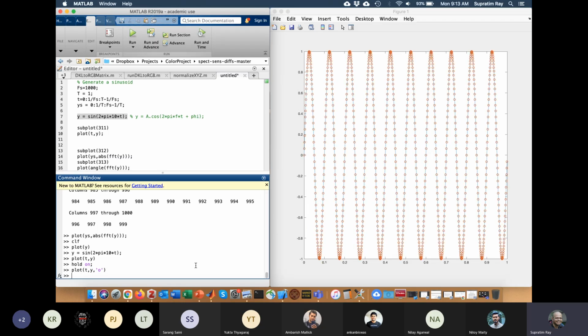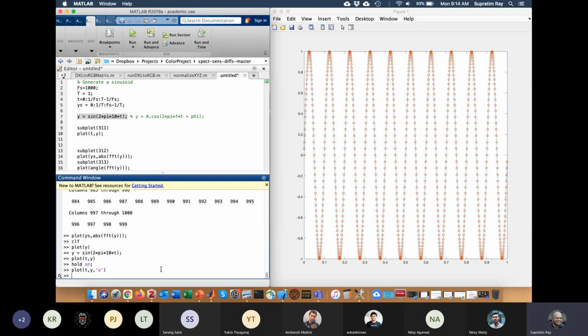These are all the samples. If you have many samples per cycle, you will go up to 1 and minus 1 because it's densely sampling the underlying sinusoid, which is given by this formula. So the amplitude here is 1.